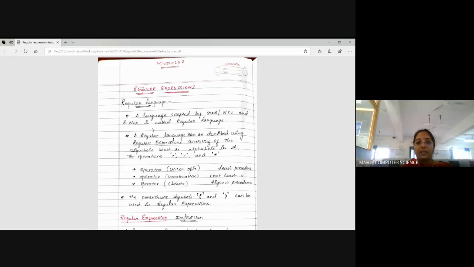Along with the alphabetical symbols, we use a few symbols called operators: dot operator, plus operator, and star. The dot operator is useful for concatenation purpose. Suppose I write two languages, L1 dot L2, I am trying to concatenate these two languages and I will get the resultant language, the concatenation of these two.